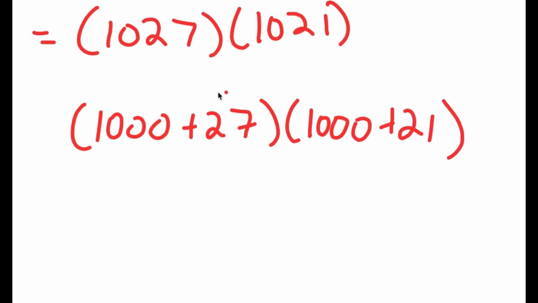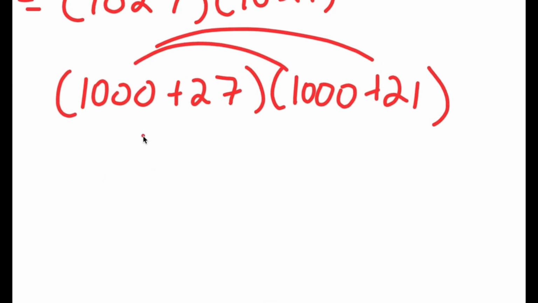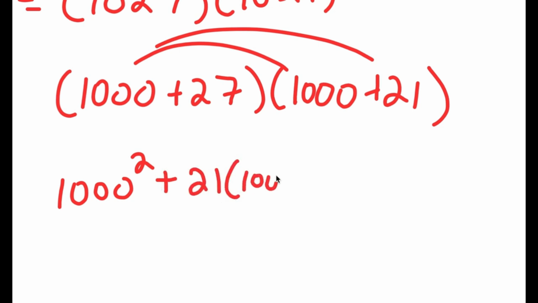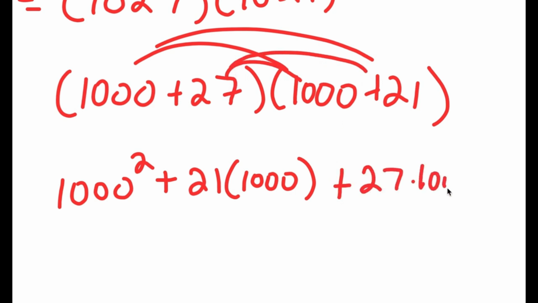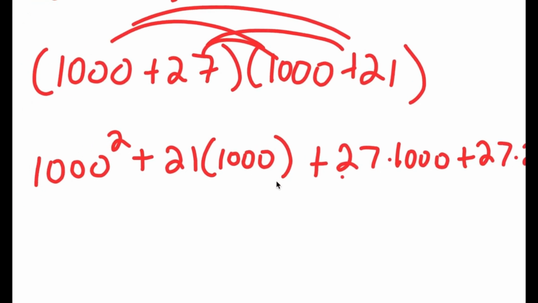And now this way, I can distribute. So 1,000 times 1,000 is 1,000 squared, plus 21 times 1,000, plus, now I'm going to distribute the 27, so I get 27 times 1,000, plus 27 times 21.